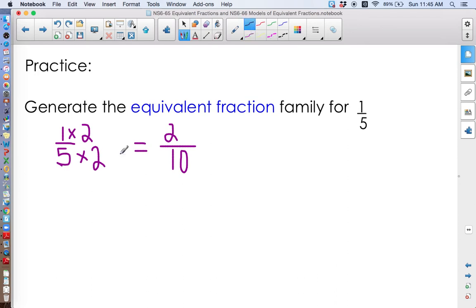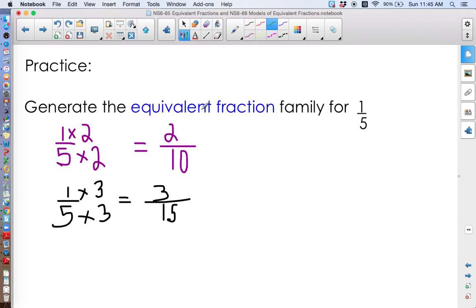All right, thank you for taking a pause. We could have done 1/5 times 3 over 3, to give us 1 times 3 is 3, and 5 times 3 is 15. This is also equal.